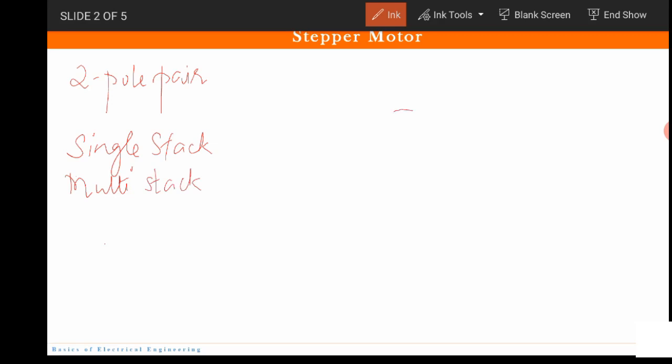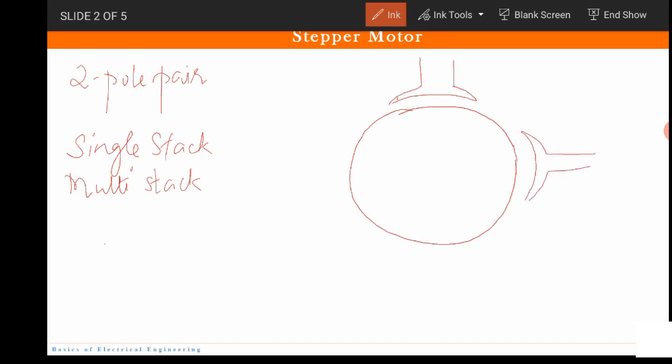Here we have the stator, and here we have electromagnets. These are the poles.